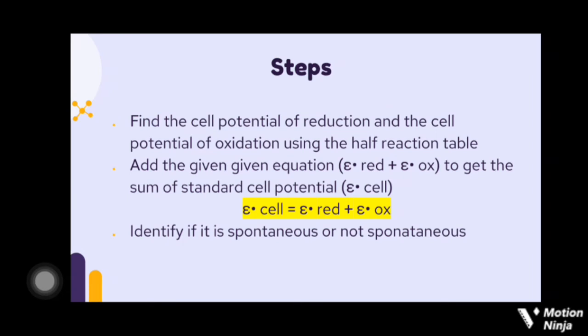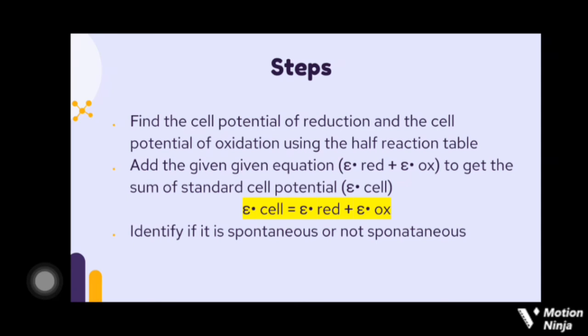Now, for my second topic, it is the spontaneity of redox reactions. This topic is really easy, you just need to pay attention because it's kind of tricky, but I know you guys can make it.